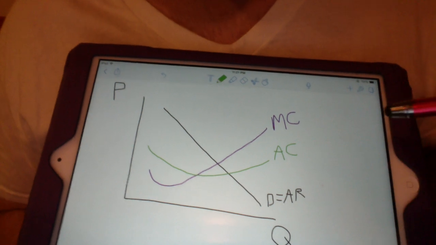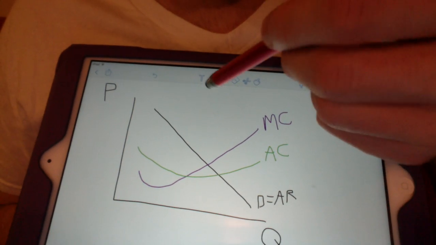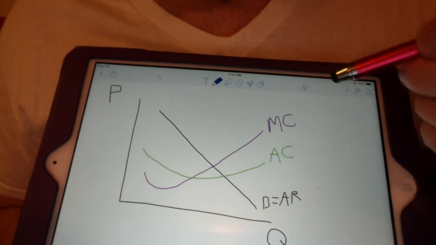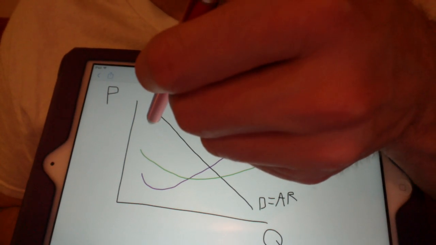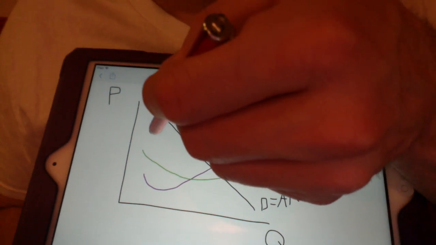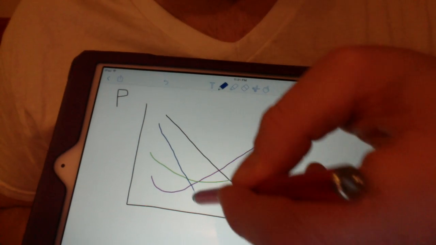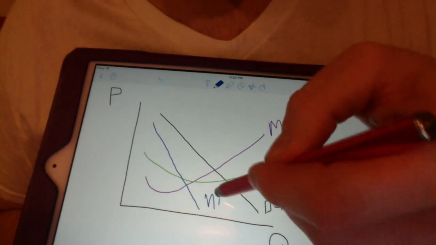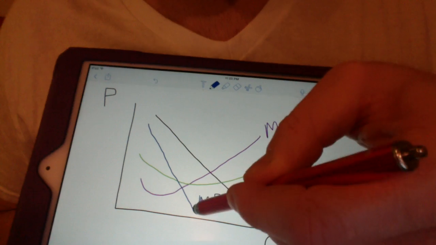And then we've got a marginal revenue, which is going to go down as we go because willingness to pay is decreasing. So this is our marginal revenue.